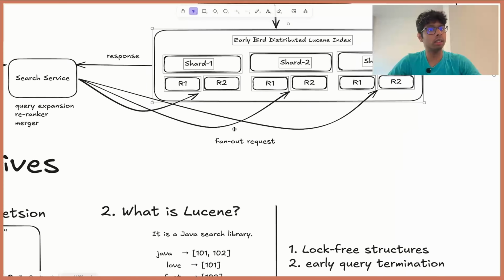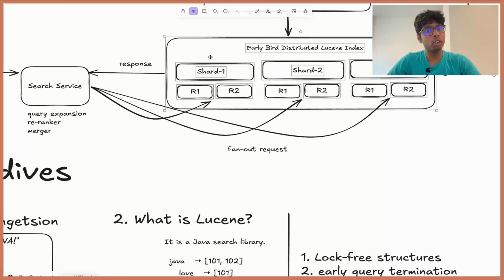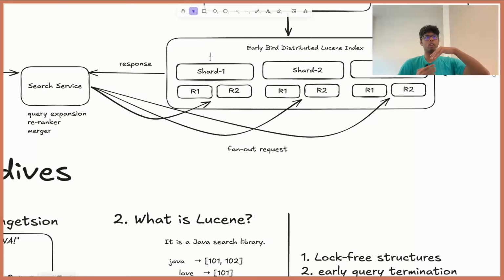There is one more thing I wanted to tell. Let's say from shard 1 we get a good 10 posts, which of course are ranked. From shard 2 we also get 10 posts, from shard 3, 10 posts, and from many shards we get 10 posts each. When this fan out of the request comes, the responses come from many services. Let's say there are 10 shards running, then we get 10 responses, which means we got 100 tweets. Out of these 100 tweets, what should we do?